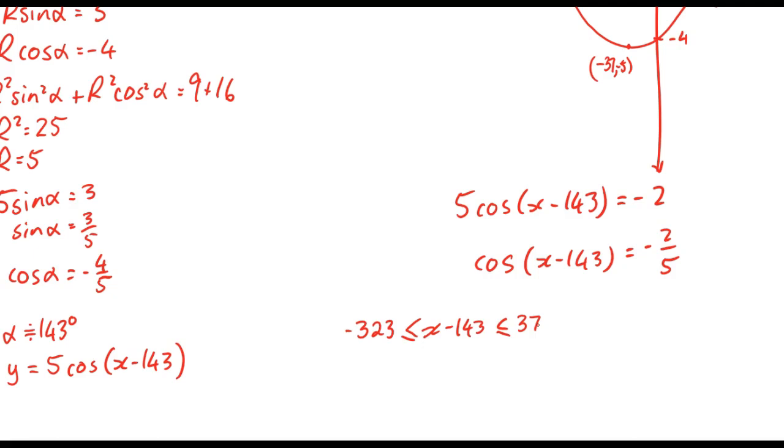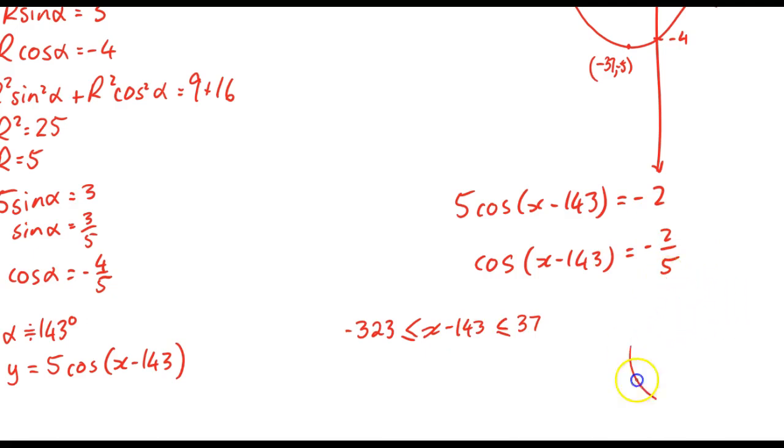So, cos is going to be negative in the second and third quadrants. Positive in the first and second. Second and third quadrants that fall into this range here, none of the positive answers, not the 37. So, I'm after a solution that is negative 180 plus the inverse cos of this plus this related acute angle.